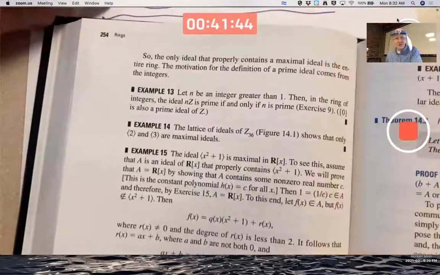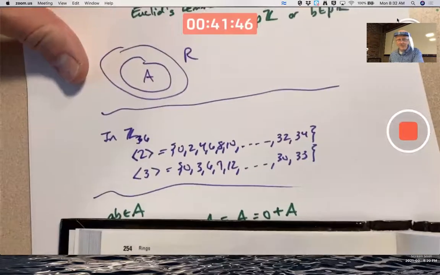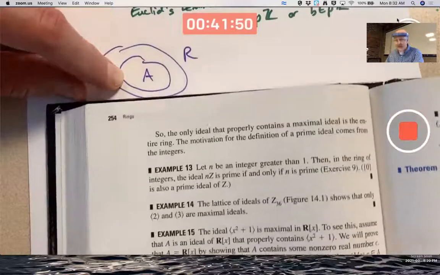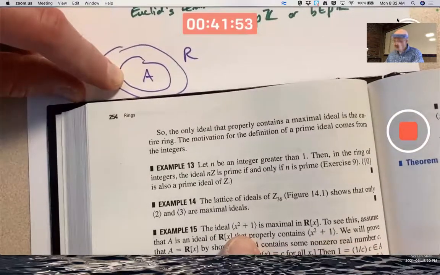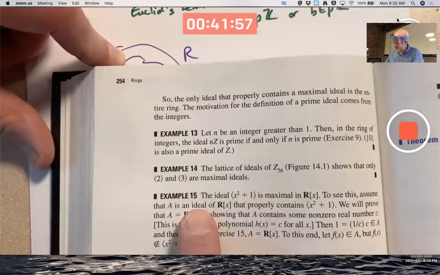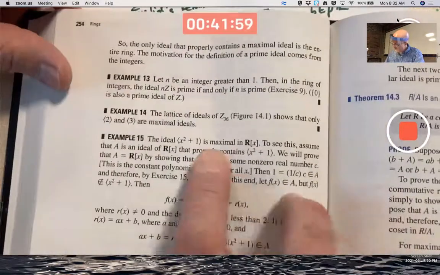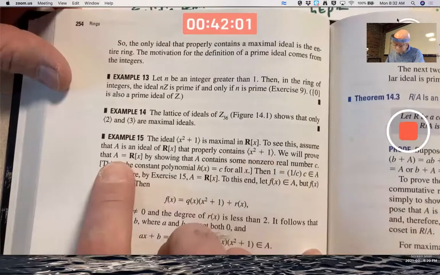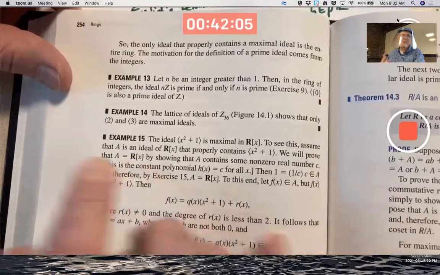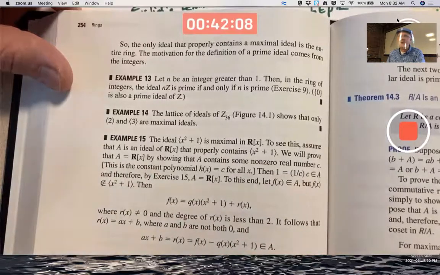So in this picture, the A really is the ideal that's generated by x squared plus 1, and the B in the definition is played by this other ideal A. It properly contains this. We're going to prove that it's actually the entire ring. That would be the strategy for showing an ideal is maximal.